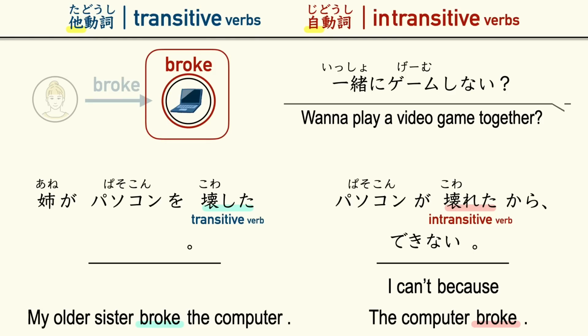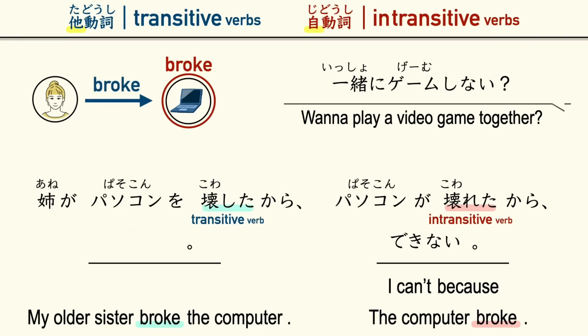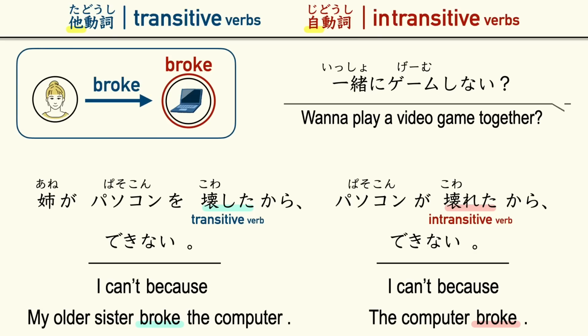But of course, if you want to give more detail, you can also say, ごめん、姉がパソコンを壊したからできない. Sorry, I can't because my older sister broke the computer. This is less common, but not wrong. I would probably speak like this if I'm still mad at my sister. Like, because my sister broke it, I can't play the game.